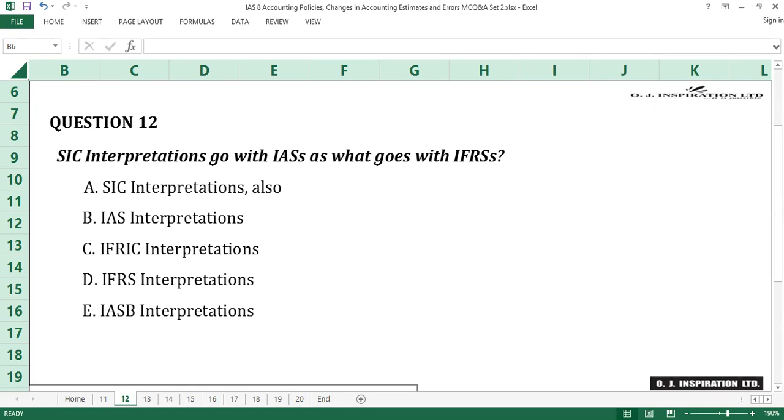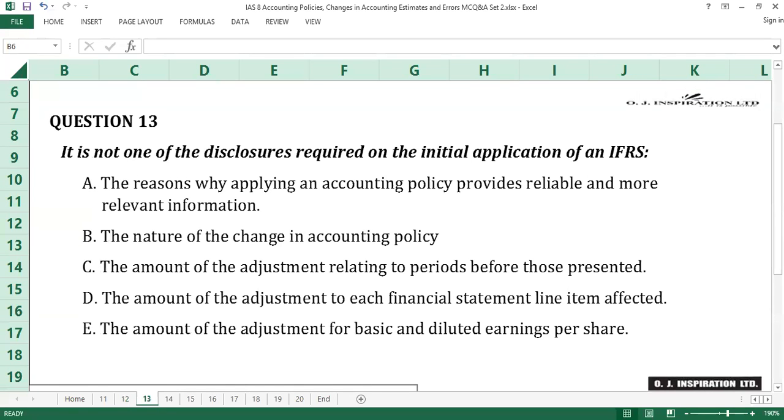The interpretations released before March 2022 on IAS were called SIC, that is Standing Interpretations Committee interpretations. The ones issued afterwards are called IFRS interpretations, and they were released with respect to IFRS. C is the answer to question number 12.